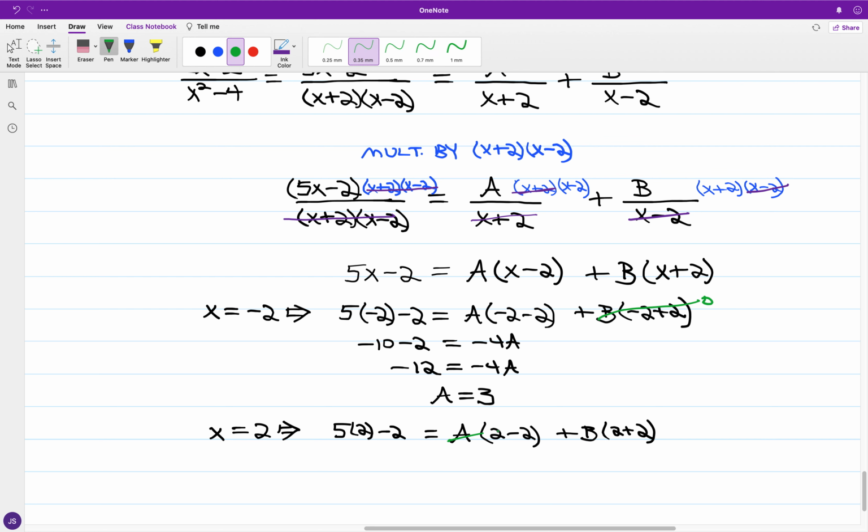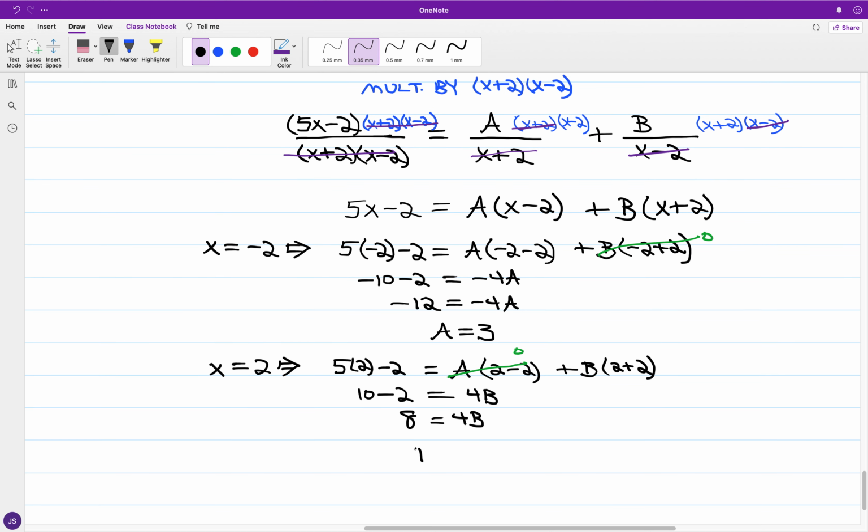So again, A goes out. 5 times 2 is 10 minus 2, and for B, 2 plus 2 is 4. So 8 is equal to 4 times B, and with division by 4, it follows that B is equal to 2.